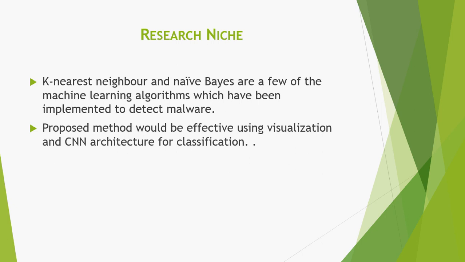Before that, K-nearest neighbors and naive Bayes are some of the machine learning algorithms which have been implemented to detect malware. However, no algorithm was developed specifically for Trojans. My proposed method would be effective, using visualization and a CNN architecture for classification.